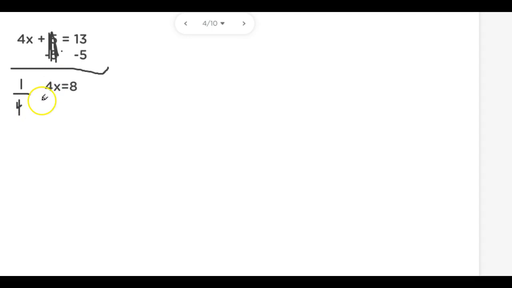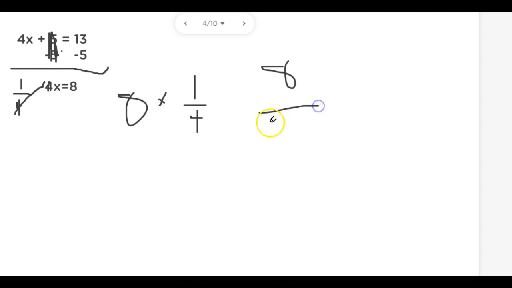I like to say we're just going to divide both sides by 4, but in any case, you're canceling out the 4, and you basically have 8 times 1/4, which is 8/4, which is 2. So whether you divide both sides by 4, which is what I say do, and which is what I taught my students, and you get 8 divided by 4 gives you 2, or you multiply by 1/4, it's still the same solution.